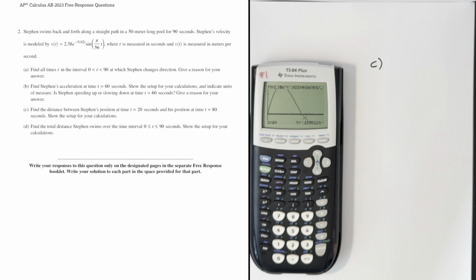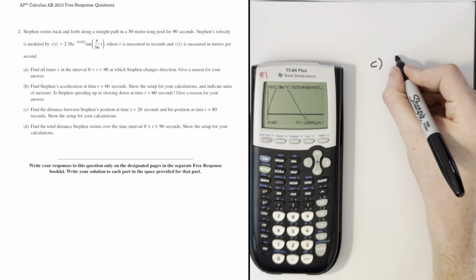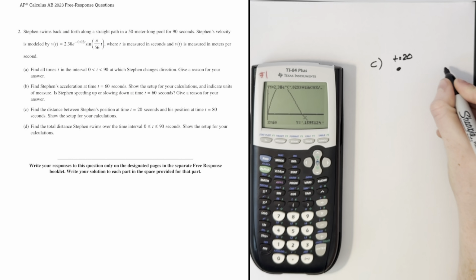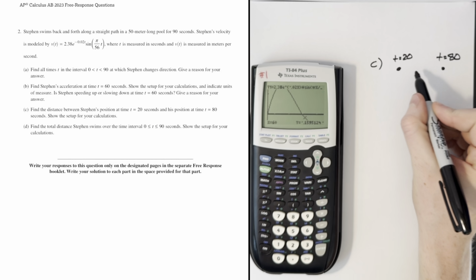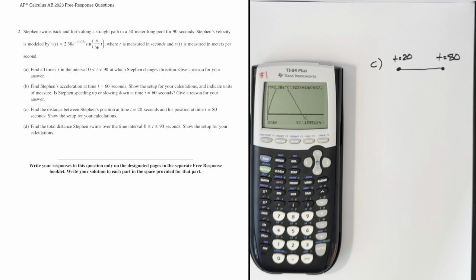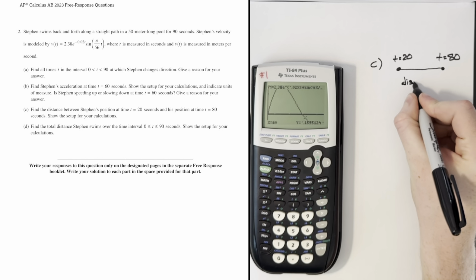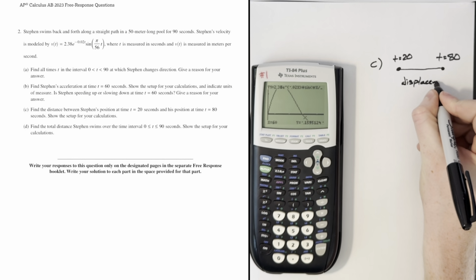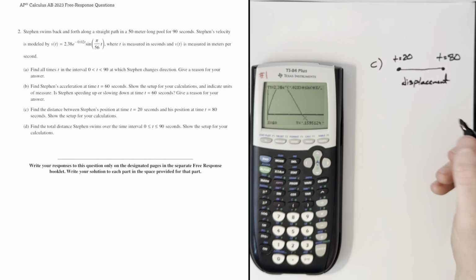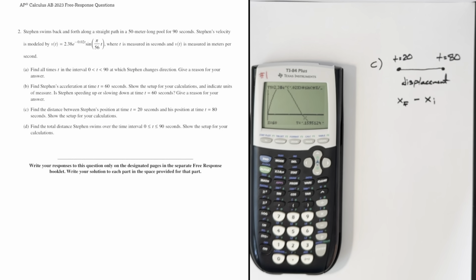So for this one, we're trying to find the distance between whatever point he's at when t equals 20, whatever point we're at when t is equal to 80. Another great way to describe the difference between a starting point and an end point is displacement. Displacement is literally represented by our final position minus our initial position.